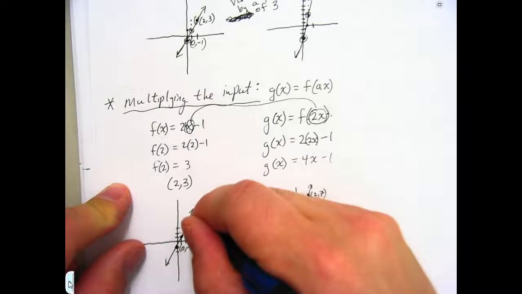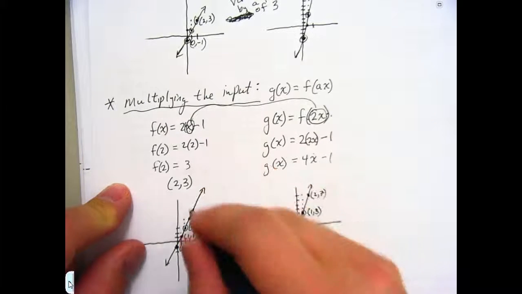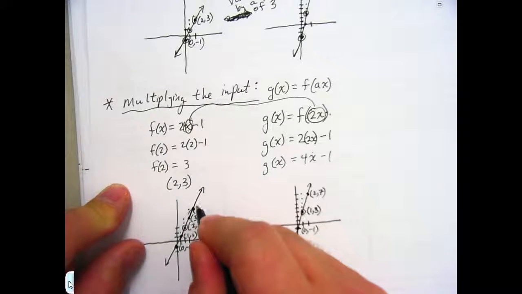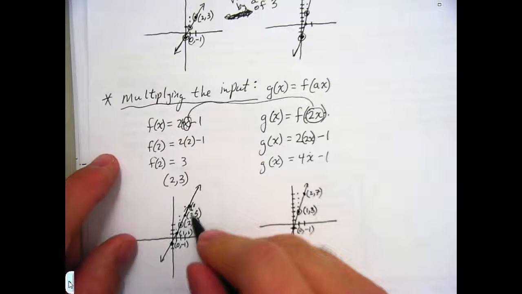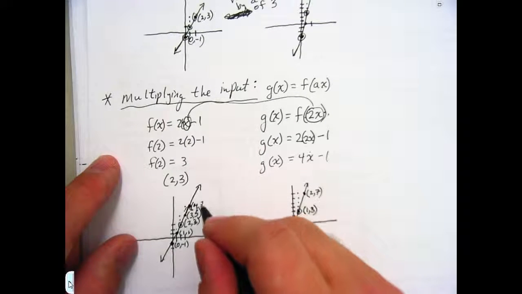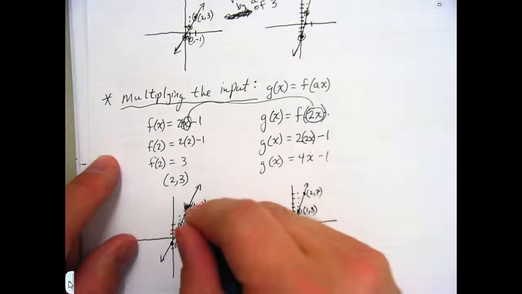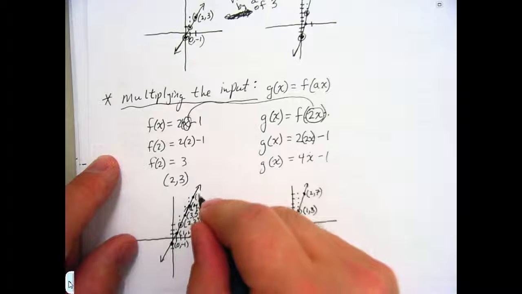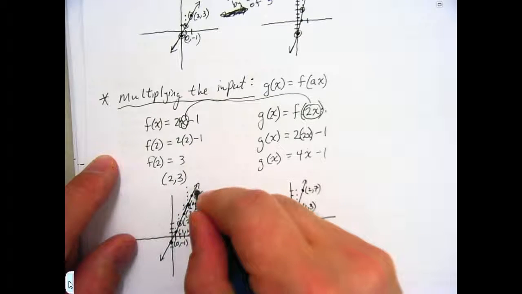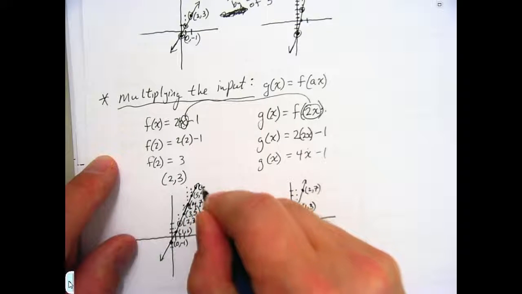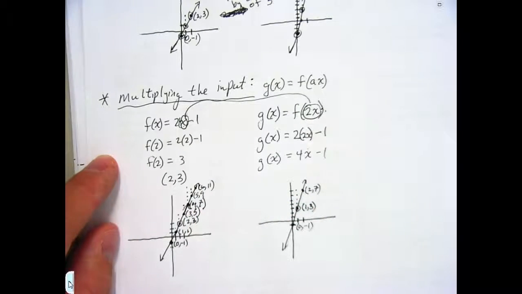So if I rise 2 more and run 1, what do I get? 4 and 7. Everyone agree? Okay. And then let's go ahead and rise 2 more and run 1. What do I get? 5 and 9. And then rise 2 more, oops, sorry, I rose from the wrong spot. Last one is 6, 11. We good? Okay.